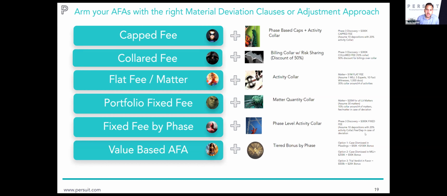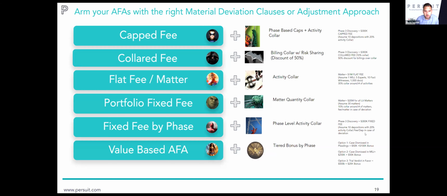On the value-based AFA, you've got multiple options. Rather than just saying, here's success on the matter, win the case, here's a bonus for that, what we've seen be really effective is a tiered bonus by phase. So maybe option 1 is the case is dismissed in pleadings, and you will pay $50,000 with a $100,000 bonus. Option 2 is the case is dismissed at the motion for summary judgment stage.